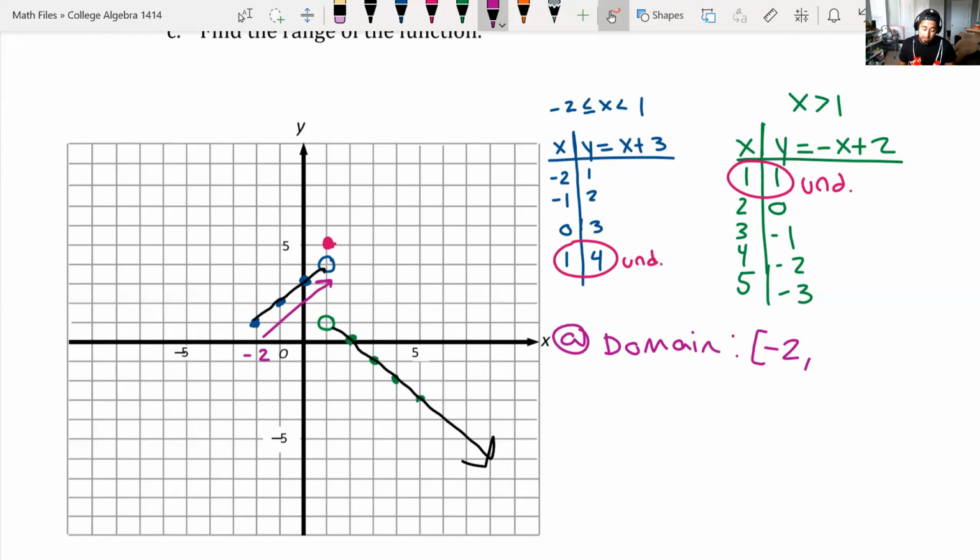And once again, we see that there's an open circle and a defined circle, right? And it doesn't matter how many open circles are there. If a point is defined at this x value of 1, this means this function exists at 1, and we can keep going to the right.